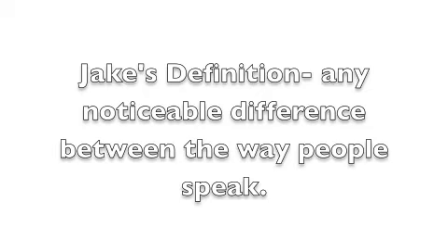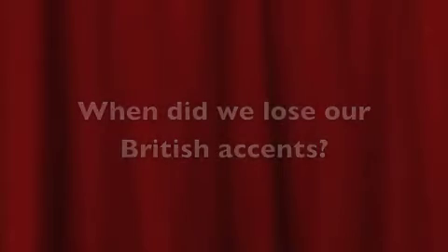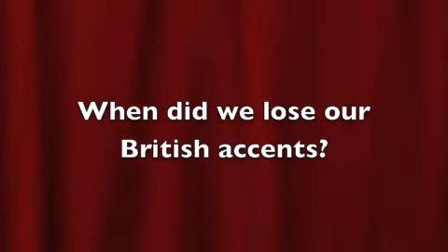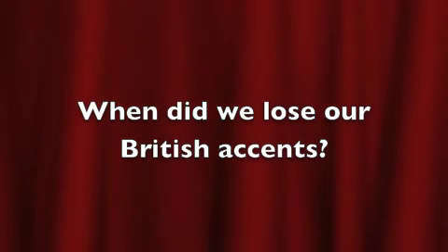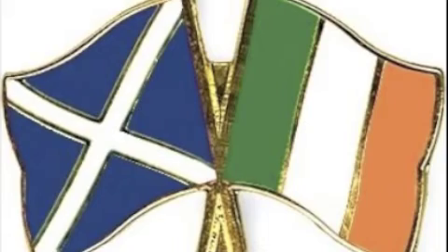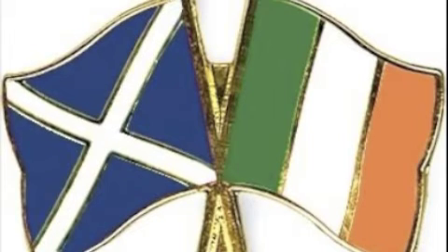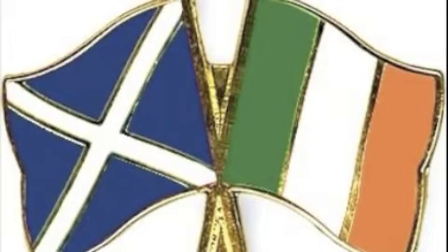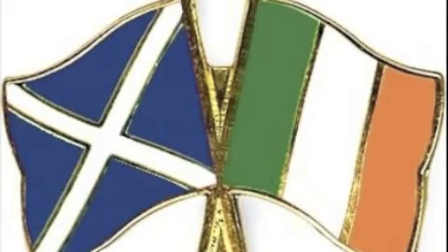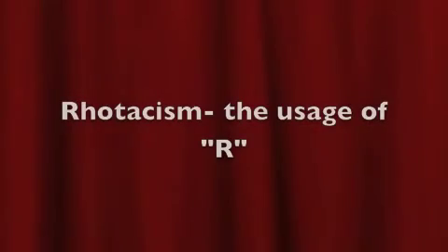Now, a question that I find very interesting is, when did the Americans lose their British accents? And the reason I say British and not English is because the influence of countries Scotland and Northern Ireland played a key factor in the transformation of our accents, and a lot of it has to do with the letter R. Today, an English accent is non-rhotic.